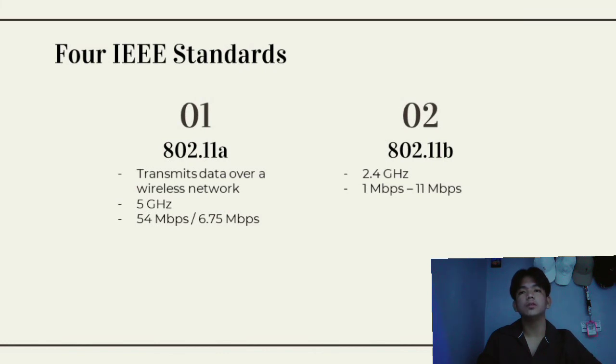It uses a 5 GHz frequency band and supports data transfer rates of 54 Mbps or 6.75 megabytes per second, while 802.11b outlines speed in the 2.4 GHz frequency range with a minimum speed of 1 Mbps up to the maximum speed of 11 Mbps.